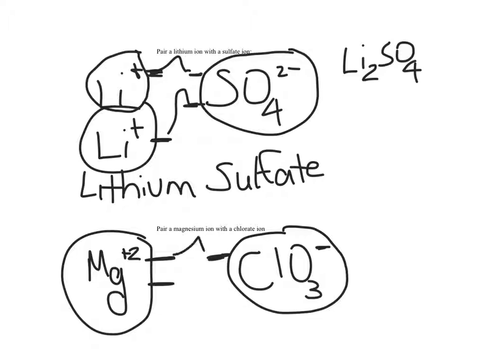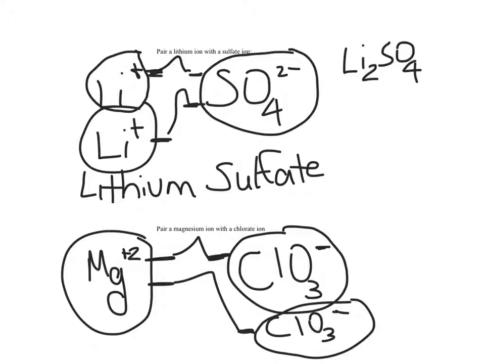So now if we connect our magnesium to our chlorate, we see that we have one arm left over for the magnesium. So we need another chlorate, ClO3-. Draw a little one arm, and our connection. So the formula for this is Mg, and we have two ClO3s. So let me just put a 2 there.